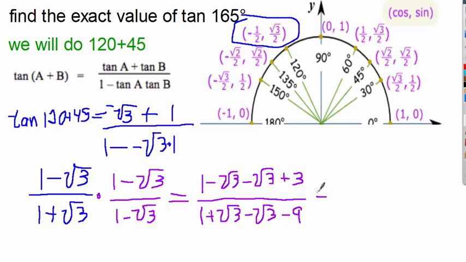So those simplify. In the numerator, I end up with 4 minus 2 square root 3's. In the denominator, these two cancel. 1 minus 9, watch out, it will usually be a negative, negative 8.